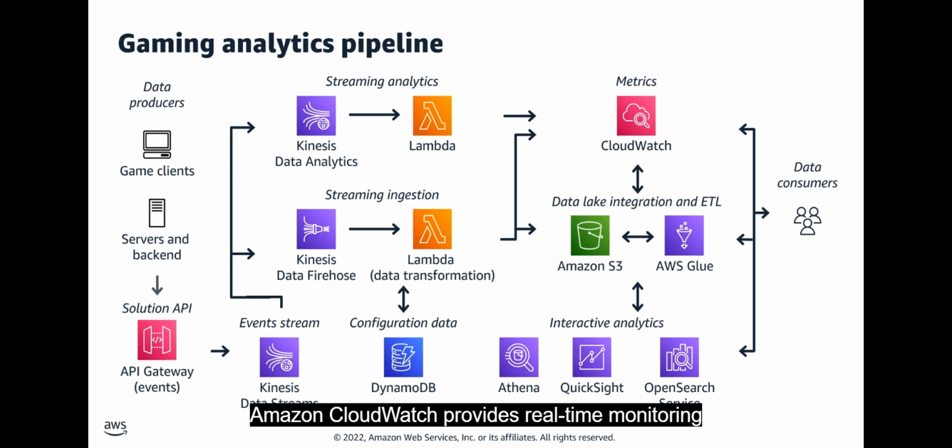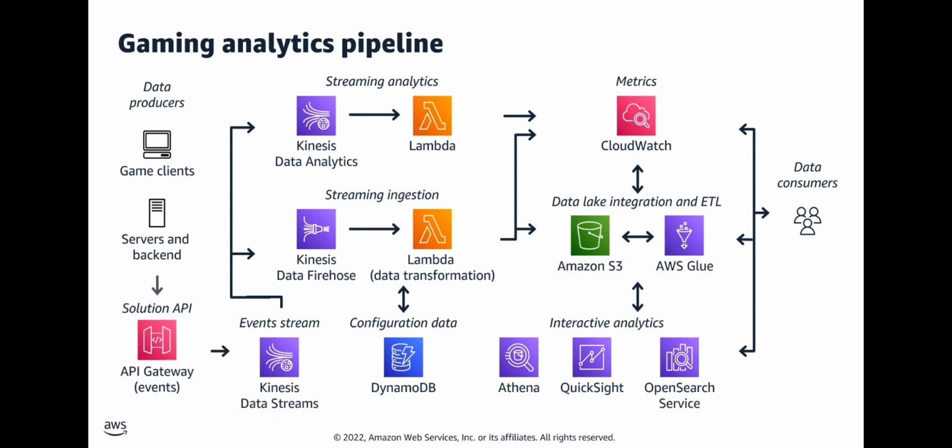Amazon CloudWatch provides real-time monitoring of the gaming servers, and the logs and metrics are stored in Amazon S3 for further analysis and visualization. Athena queries the log files that are stored in S3 or connects directly to CloudWatch to query the log data with SQL for analysis.